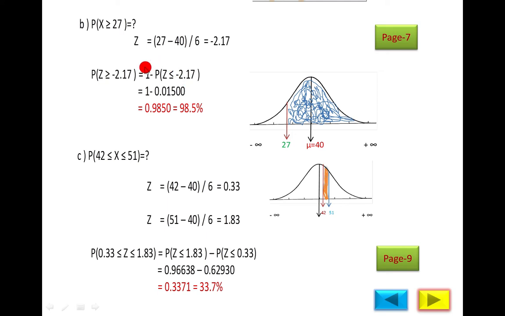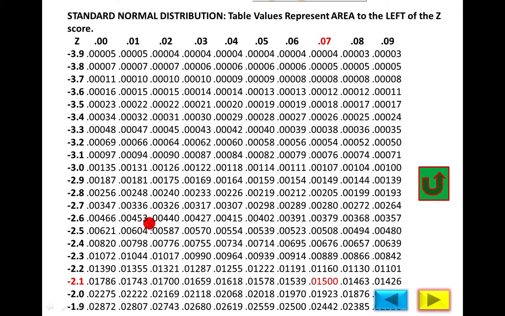So we convert it same as in Poisson and binomial distribution: greater than or equal to becomes 1 minus the probability of z less than or equal to minus 2.17. Then we will find this value from the normal probability distribution table, minus 2.17. So, page number 7, minus 2.1, and this is the 7, minus 2.17, the value is 0.01500.